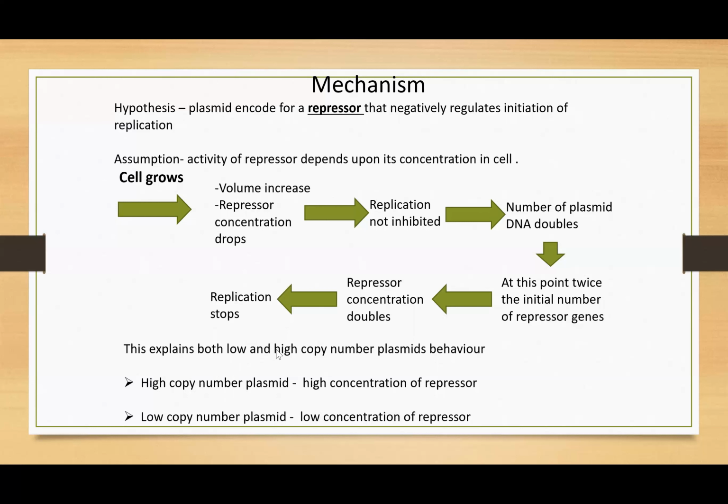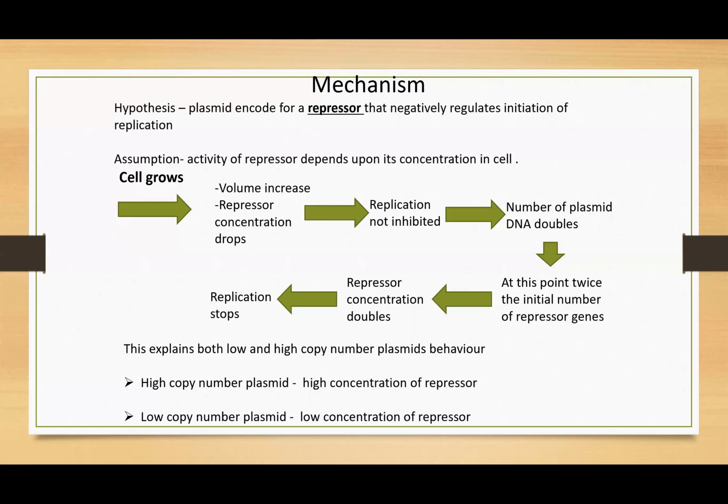Okay, so what I'm trying to say is, if there are two plasmids in a cell, and the cell is dividing into two, the plasmids also should go from 2 to 4, so that each daughter cell has two plasmids. So when this cell containing two plasmids is preparing itself to divide, it grows in size.